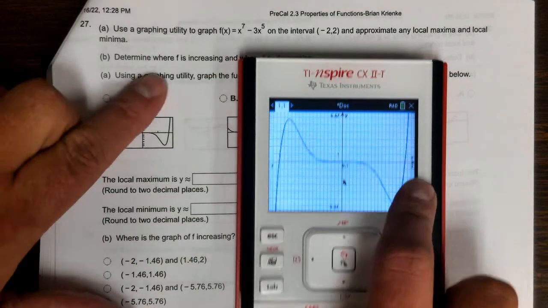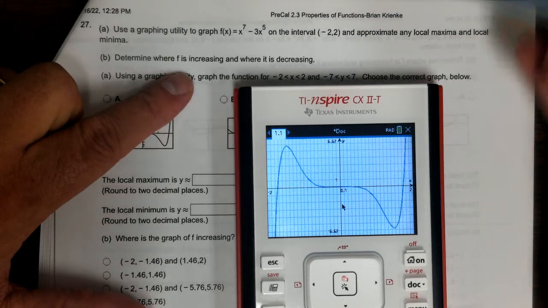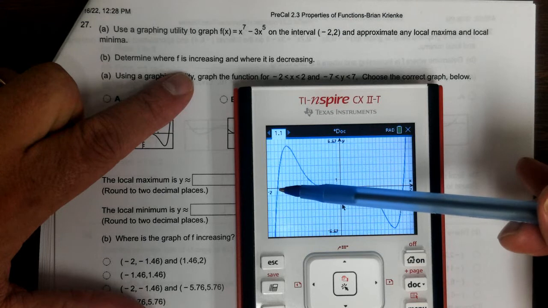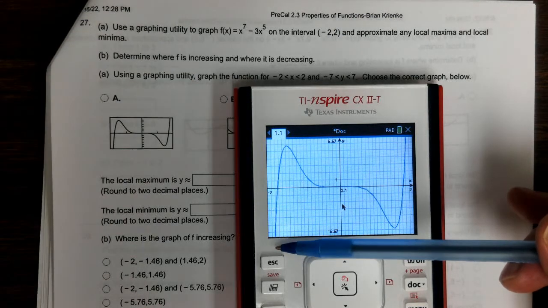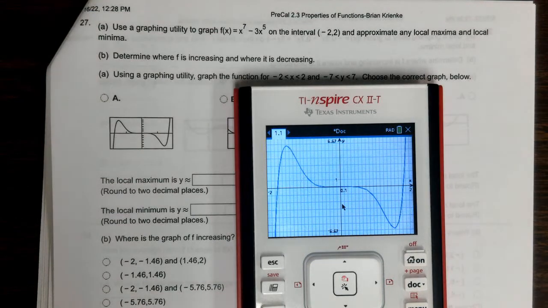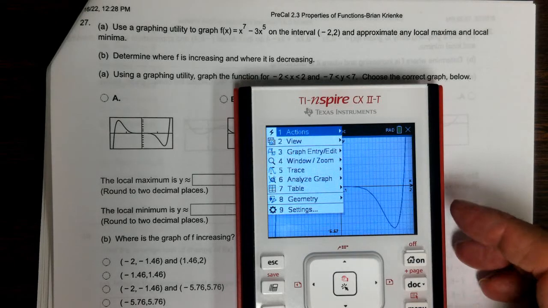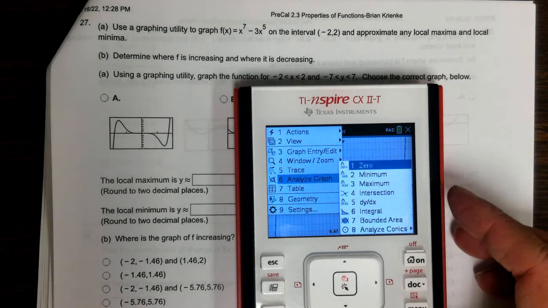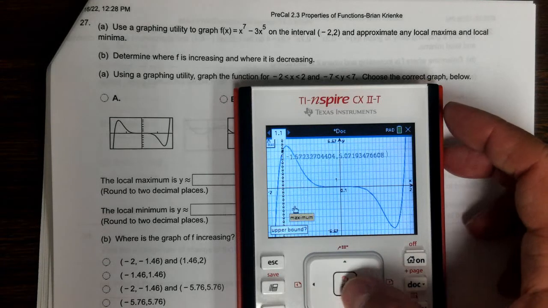Okay, so what we want is where it's increasing and decreasing. Remember, increasing doesn't just start at the x-axis. It's starting down here and increasing to whatever number that is. Now, how we get that number is we do menu, analyze, maximum between here and there.